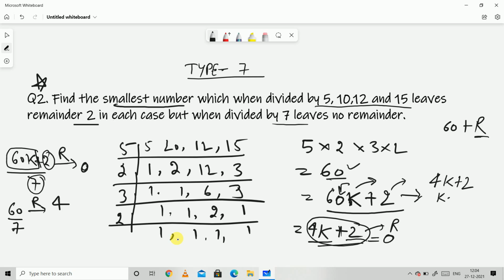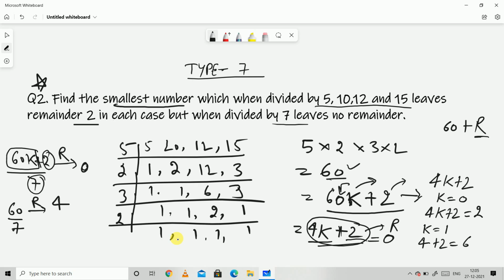You can keep the value of k as 0. If I keep it as 0, then 4 into 0 is 0 plus 2 will be 2. So if k is 0, then the value of 4k plus 2 will be 2, but 2 is not divisible by 7. So we cannot put k as 0. Now let's try k equals 1. 4 ones are 4 plus 2, that is 6.